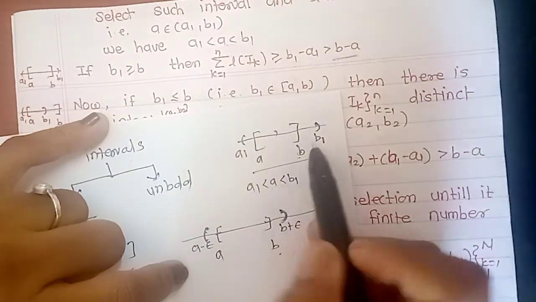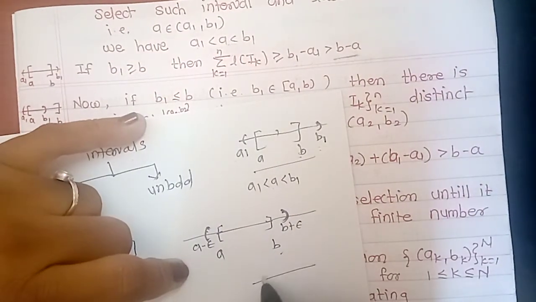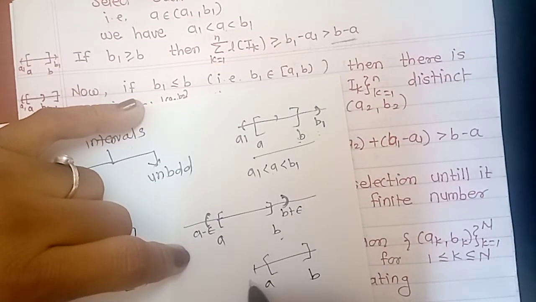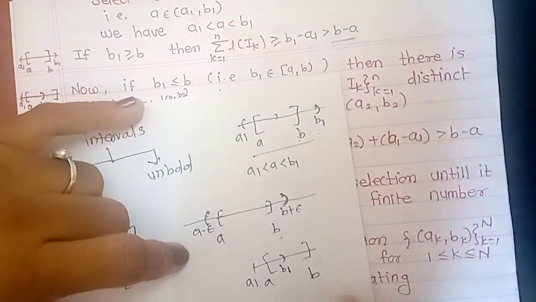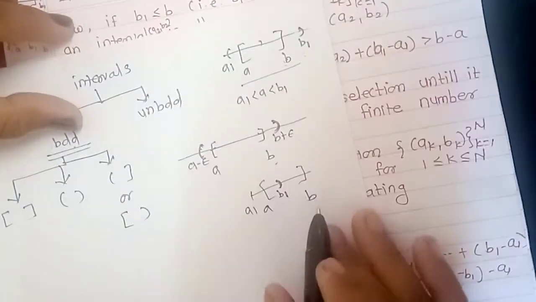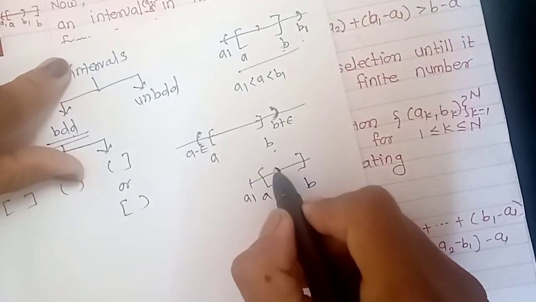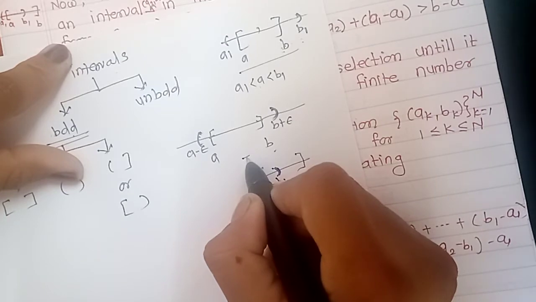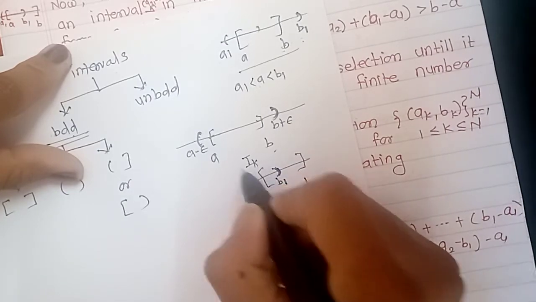Now the second case, if b_1 is less than or equal to b, so here is a_1, and here is b_1. In that case, b_1 is less than b in this collection, then I take I_k.